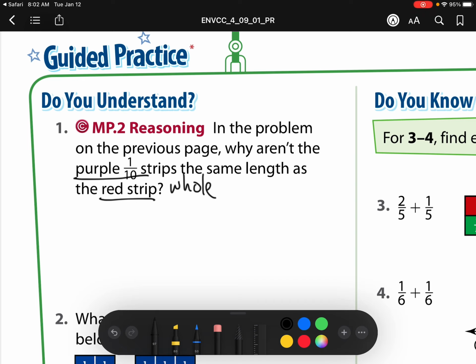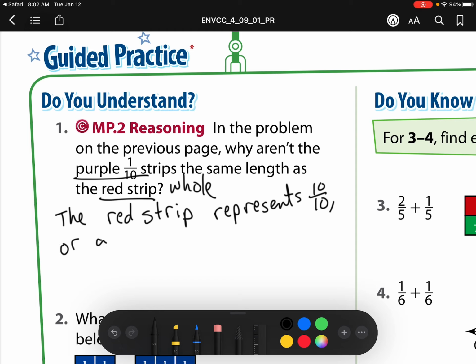Well, because one's showing how many pieces they need to make a whole. The red strip represents 10/10, or all of the canoes. And what do the purple 1/10 strips represent?